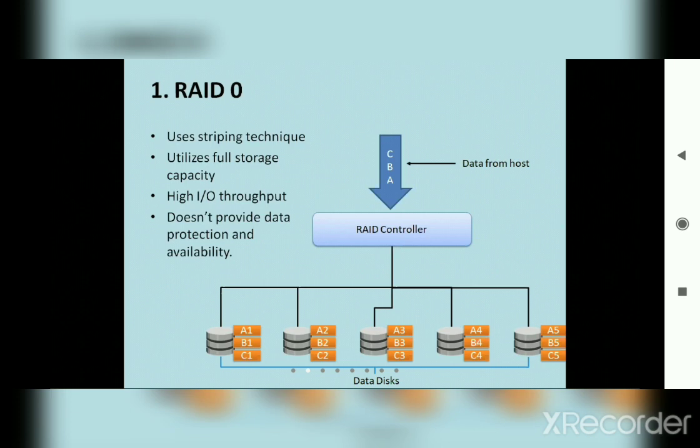Second, it utilizes the full storage, which means it uses all the disks. And there is the input and output throughput: the data you request, the data you get back, is at a faster rate. But the problem is that protection and availability are less, because the data is distributed among all the disks.